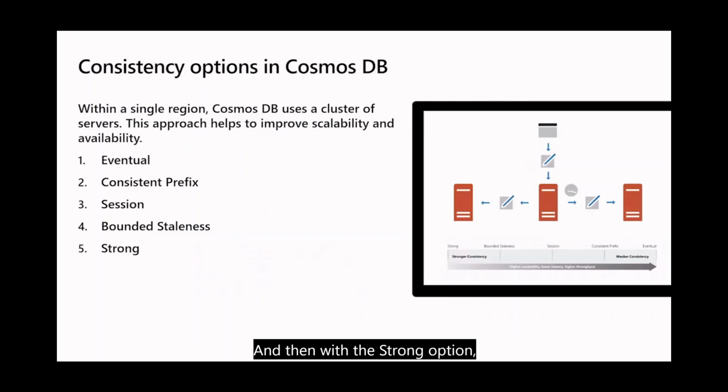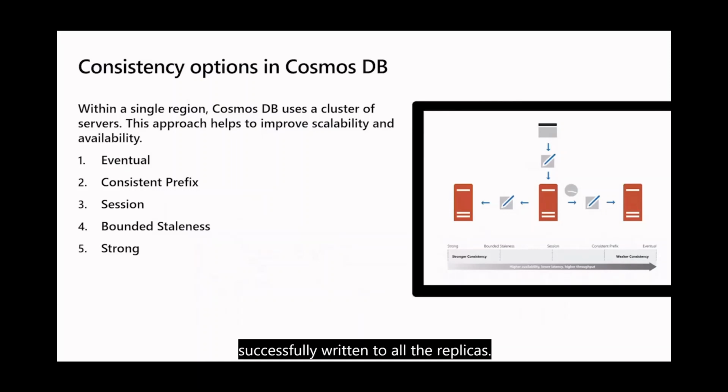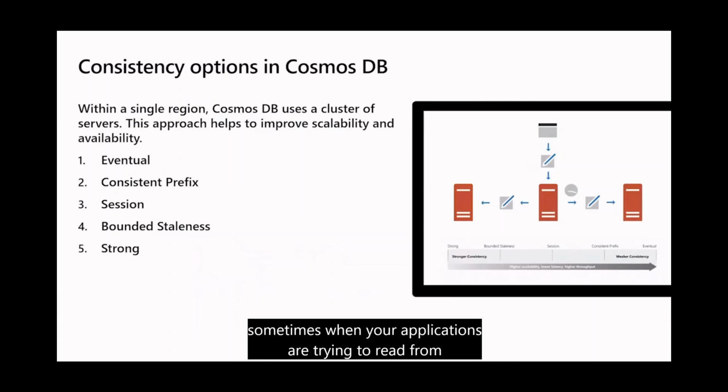And then with the strong option, this is where all writes are only visible to the client after the changes have been confirmed successfully written to all the replicas. And so this option means that sometimes when your applications are trying to read from some of the replicas, it might be unavailable because some of these changes might actually be trying to be made so that when your application does read the data, it's all consistent.